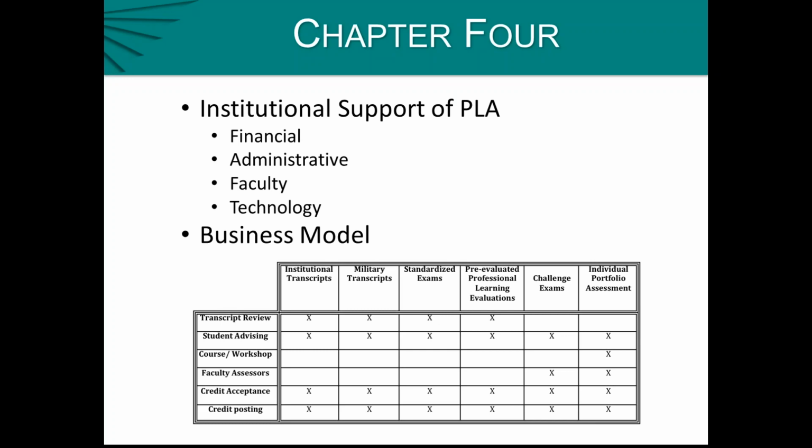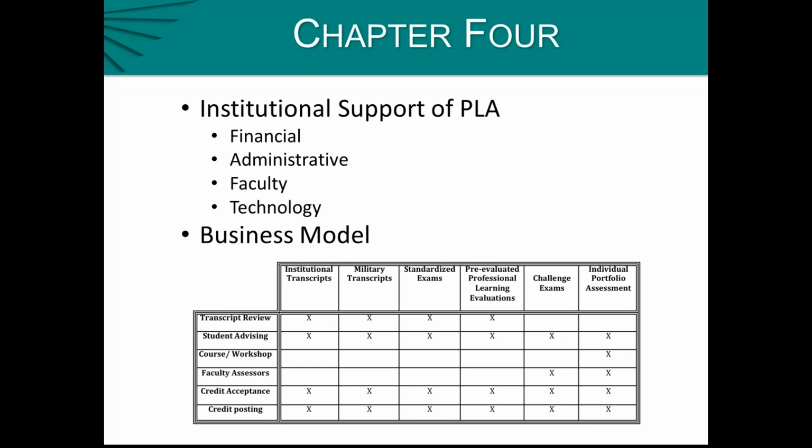Faculty support: this will not work well if the faculty are not supporting it, so there needs to be a fair amount of work done around faculty support. We address that more in the professional development section. Technology is something that is more and more coming to the surface, and it spans more than just having technological support around this.